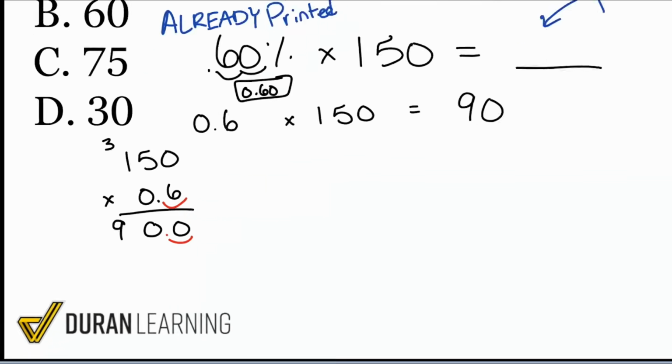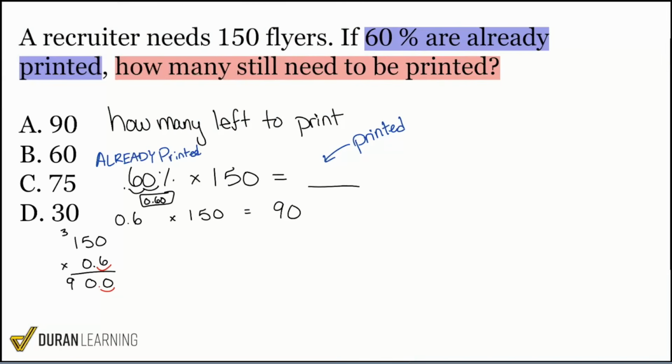Boom. So we get 90, but we have to ask ourselves, is that the actual answer? Everybody? Is that the actual answer? Not at all. No. This 90 represents the amount that was already printed. That's not what we're looking for. We're looking for how many are left to be printed.